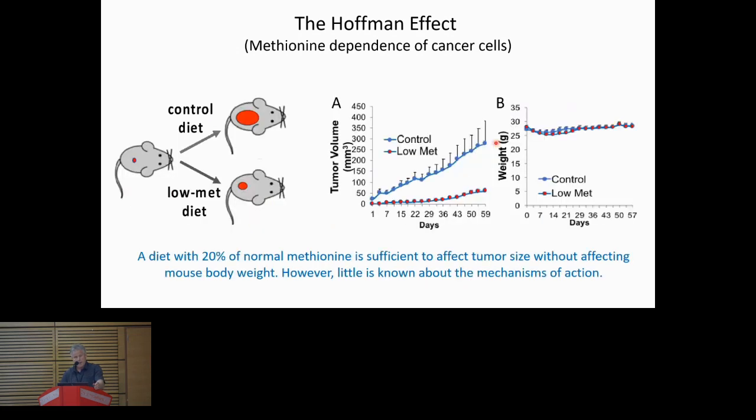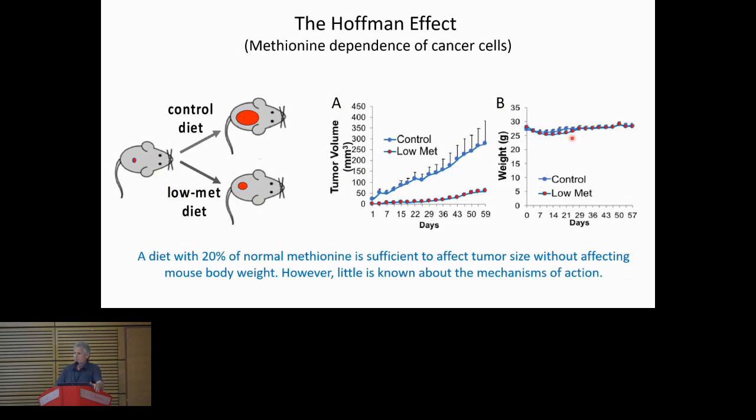When you take mice and put in a xenograft tumor, and then feed them either control or a low methionine diet, the tumor volume for those mice that only receive the low methionine diet is much lower than for the control mice, even though the weight of these mice does not change. So they get enough energy, but somehow the tumor doesn't grow.